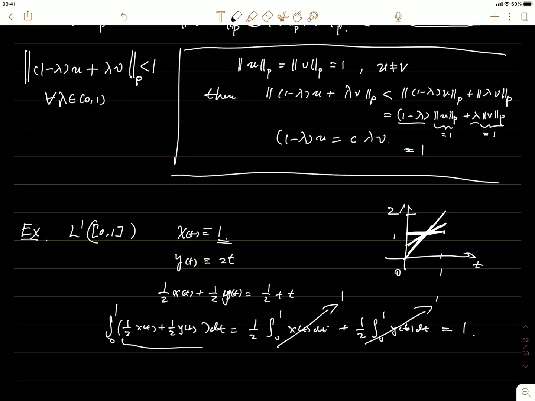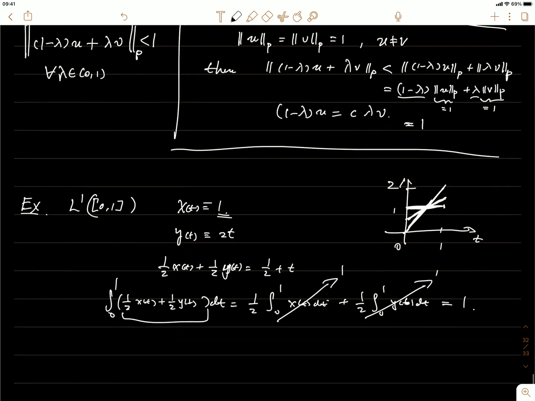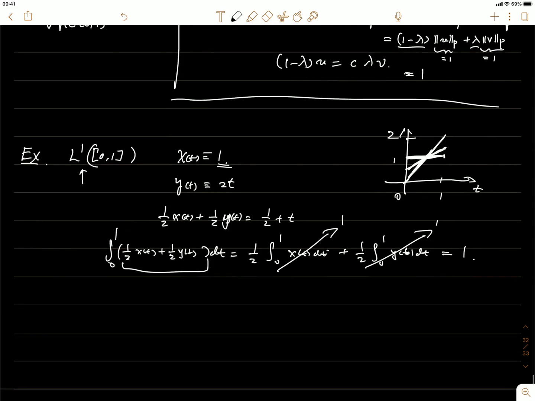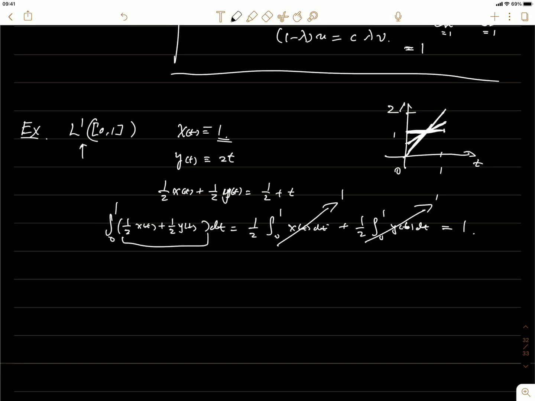So that means that although it's a strict convex combination of the two functions, or 2 points in this space, the combination also has the norm 1. Okay, so that means this L1 space is not strictly convex. And similarly, you can show that the L infinity space is not strictly convex.